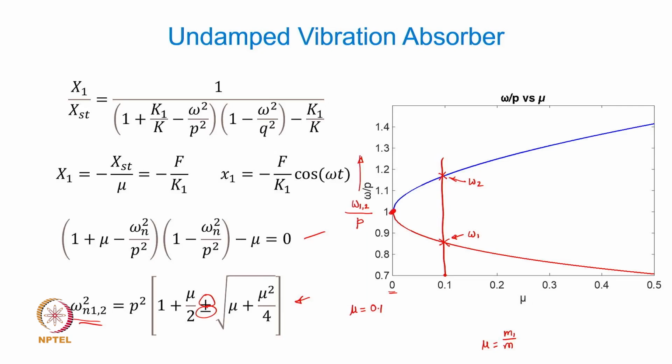The moment you attach this auxiliary absorber system to your parent vibratory system, this changes the single degree of freedom into 2 degrees of freedom, and then you have these two natural frequencies split. One will be the larger of the two, which is more than the original one. The lower one will be smaller than the original single degree of freedom natural frequency.